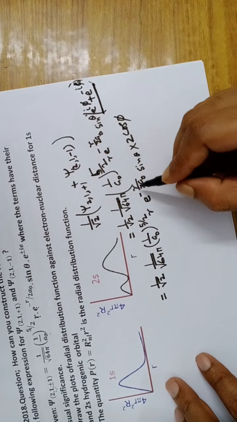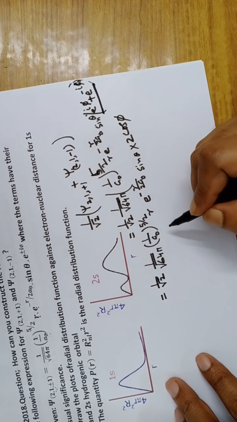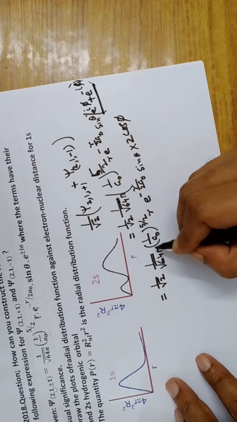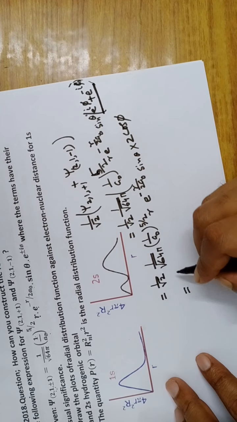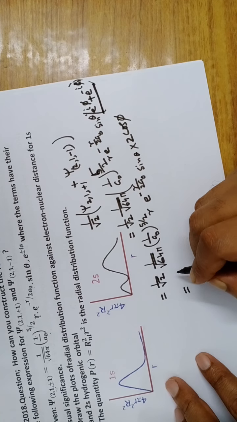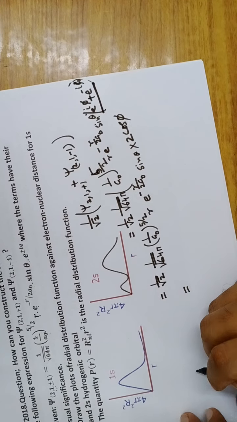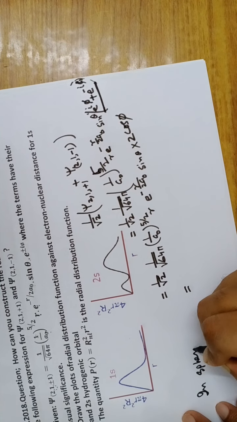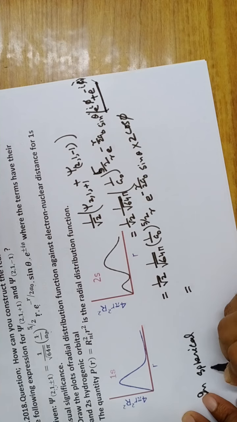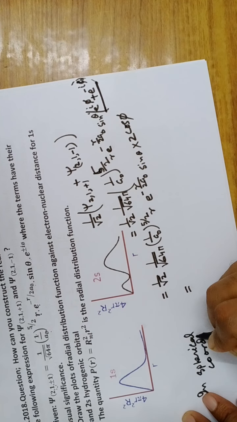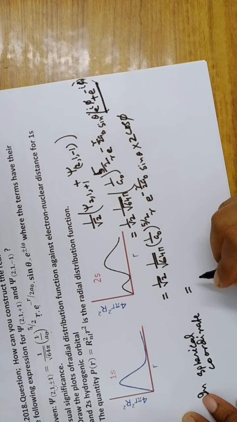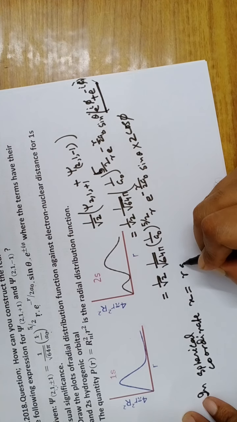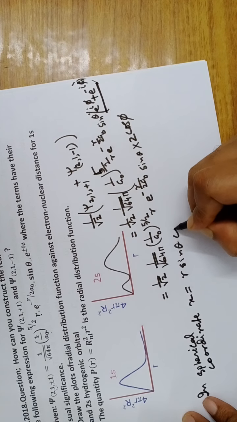Clear? So this is a radial function. We can write in this way, in spherical coordinates, x equal to r sin theta cos phi.